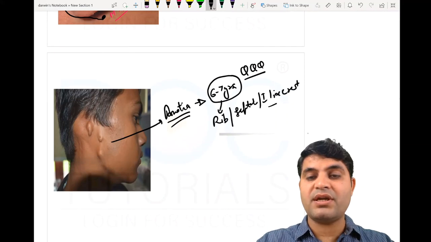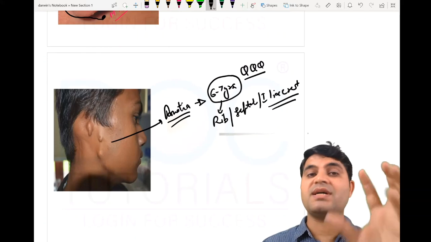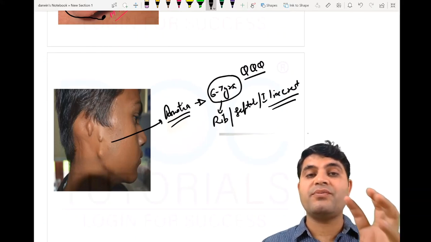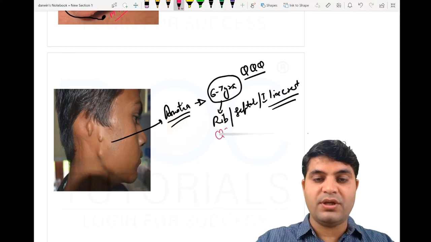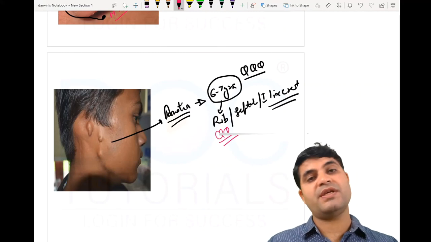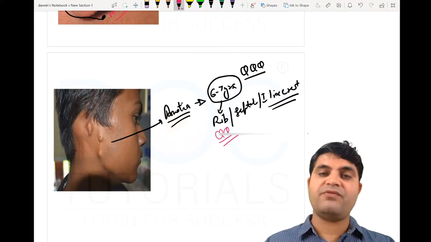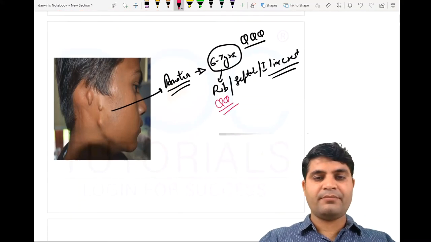All these are important sites from where we take cartilage to prepare this artificial, a sort of new pinna. This question can be asked from you. Rib is preferred. Clear? So anotia repair at 6 to 7 years of age. We prefer rib cartilage. Right, students?